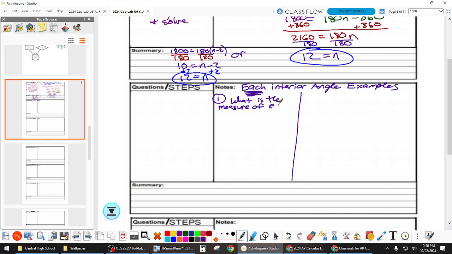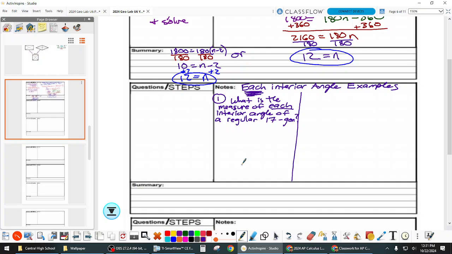So what is the measure of each interior angle of a regular 17-gon? How many sides does a 17-gon have?